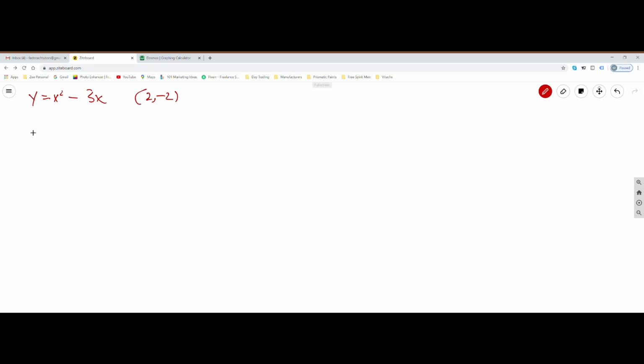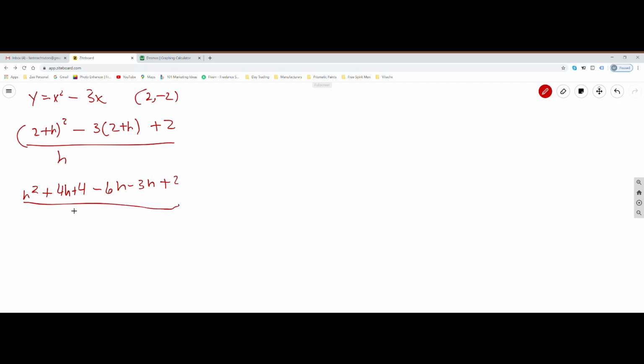Okay, so 2 plus h squared minus 3, 2 plus h plus 2 over h, squared plus 4h plus 4 minus 6 minus 3h plus 2 over h equals h squared plus, minus 2h. So that's 5h.